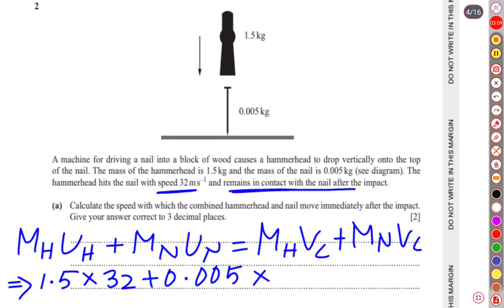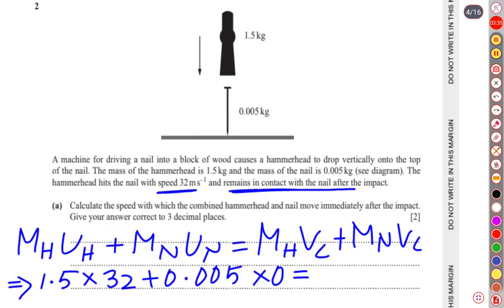Look at this, the nail is definitely at rest. So initially, before the collision, the velocity of the nail was 0.